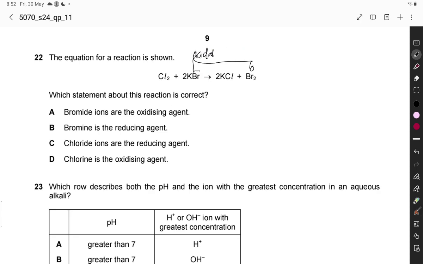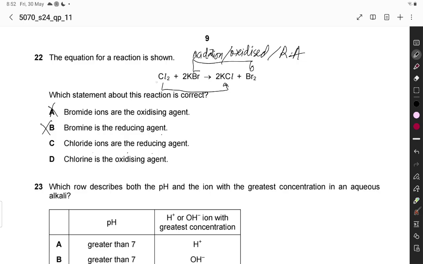The reaction is oxidation, the species is oxidized, acts as a reducing agent. So this is incorrect. Bromine is a reducing agent. Bromine is not a reducing agent. This is also incorrect.